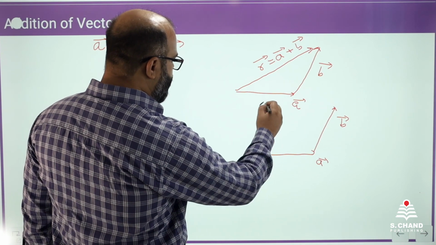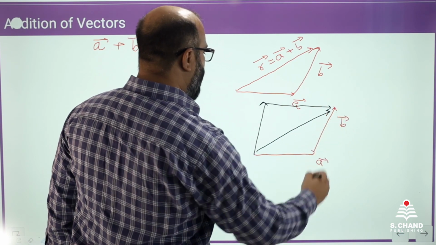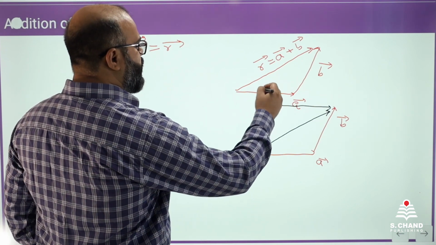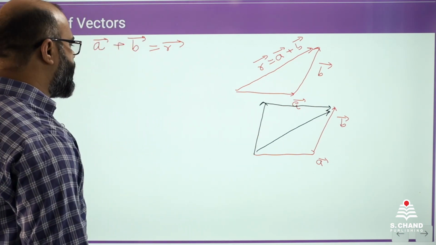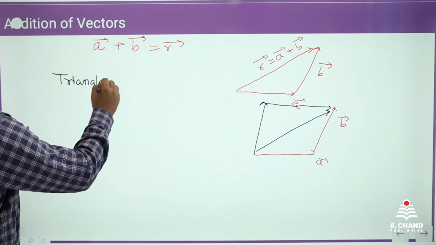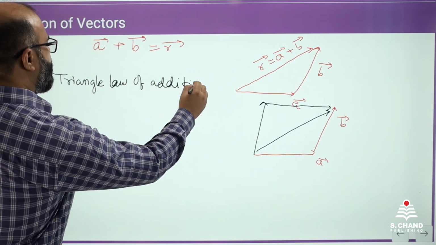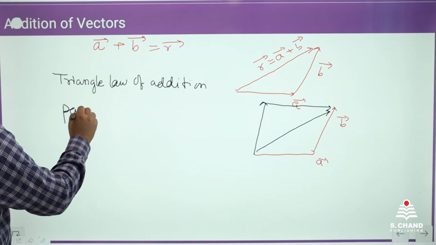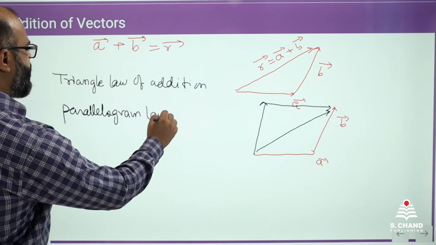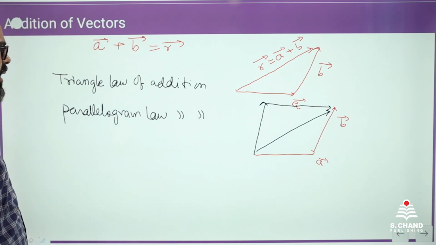We make other sides also like this, and then the diagonal of the parallelogram is called the addition of A and B. Or in case of triangle law, the third side of the triangle is the addition of A and B. So we have two ways in which we can write the addition of vectors: triangle law of addition of vectors, and another one is parallelogram law of addition of vectors. In triangle law, as we can see, we have the resultant as the third side of the triangle, and in parallelogram law we have the diagonal.